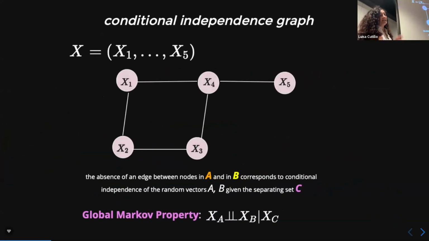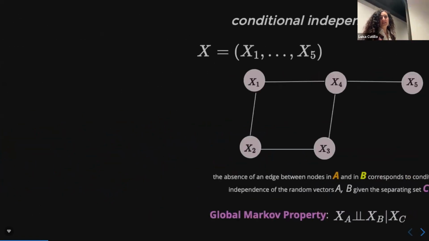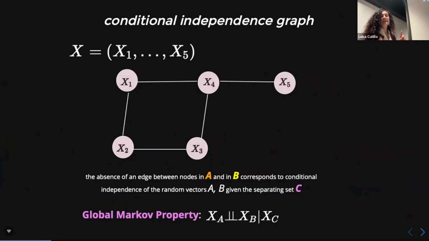Now, as I was saying, the GMGM is a special kind of undirected graphical network, and a special kind of conditional independence graph. Before looking at conditional independence graphs, let's clarify what we mean by conditional independence.